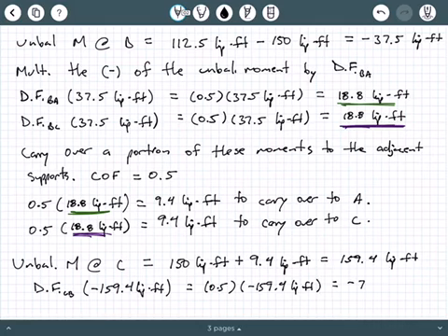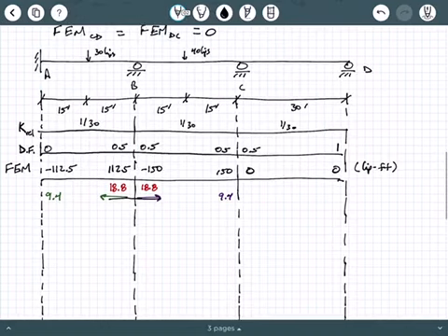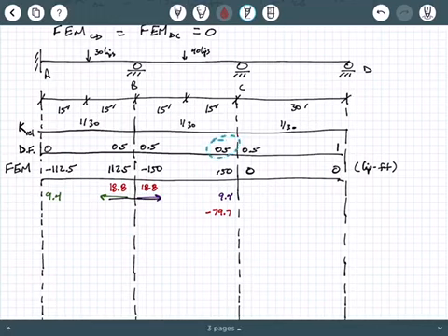And when I crank that through, I get negative 79.7 kip feet. Okay, so that negative 79.7 goes underneath, just to the left of C. Okay, so we put here negative 79.7. Okay, and again, the distribution factor we used was this value.